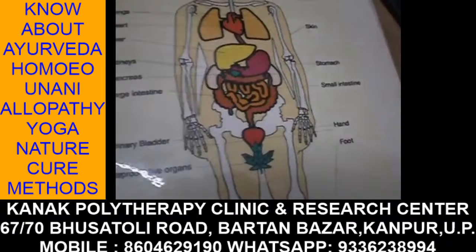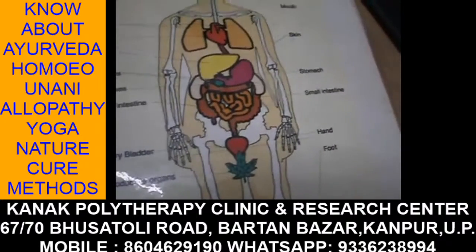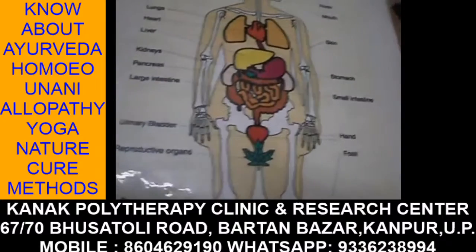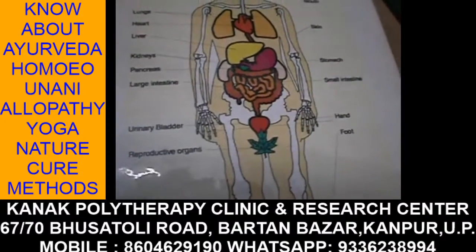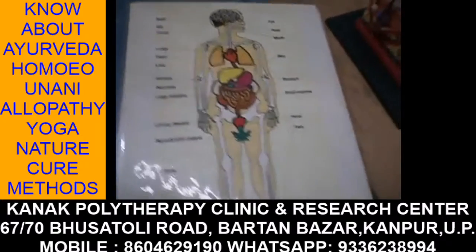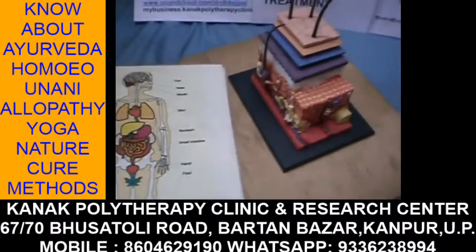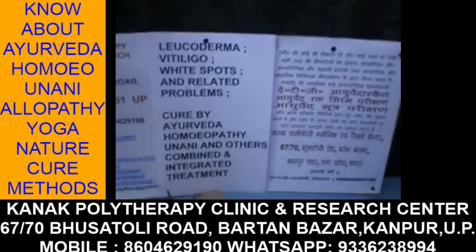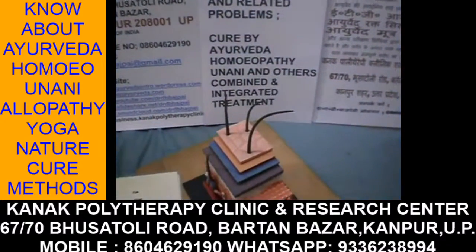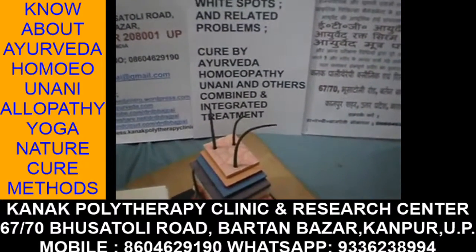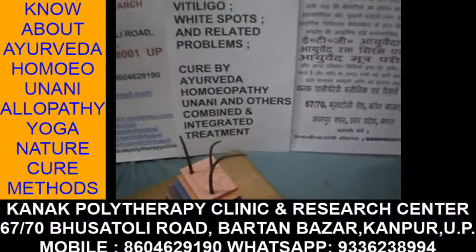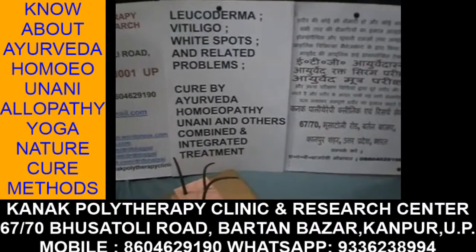So by virtue of the ETG Ayurveda scan system, every part of the body is examined, and after examination a prescription of Ayurvedic, homeopathic, Unani and other medications is suggested accordingly to cure.